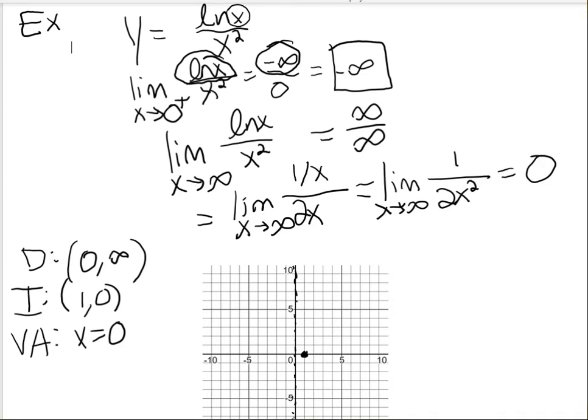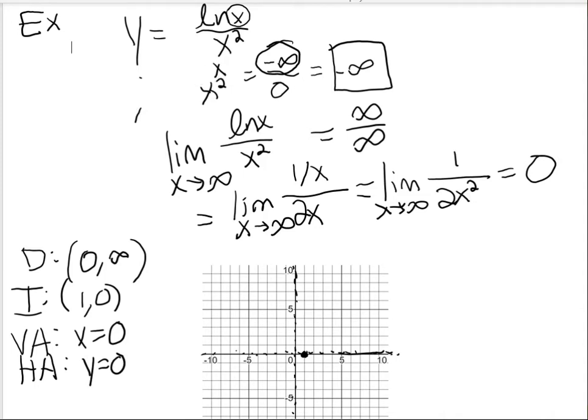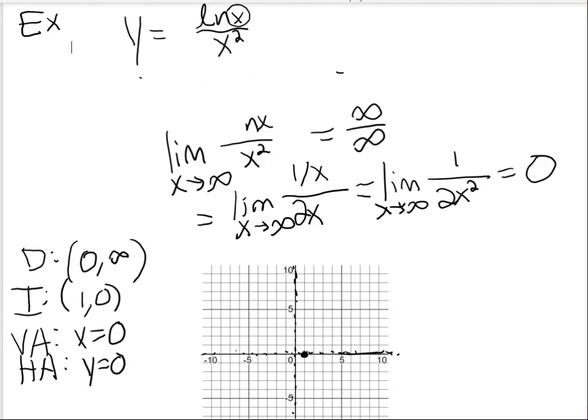So we're going to also have a horizontal asymptote at 0. I'll draw it as a dotted line again. And that takes care of our asymptotes.